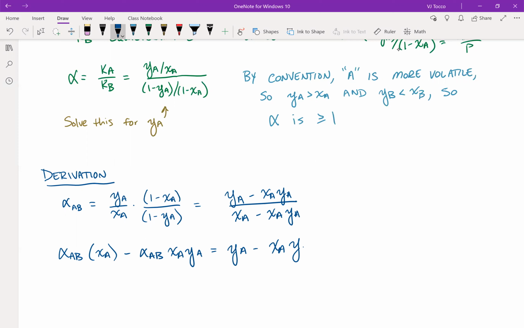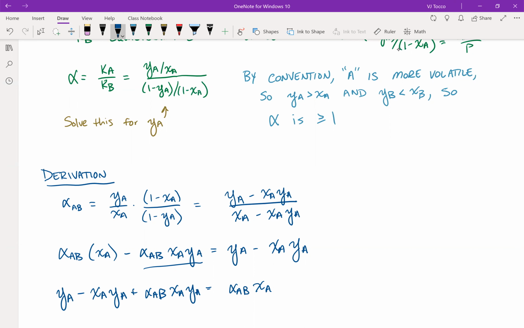And remember that the goal of this exercise is to solve for Ya. So I want to group everything with a Ya over onto one side. So I'm just going to add this term over here to both sides to bring it over. And because I want to solve for Ya, I'm just going to flip the equation as well. So I'm going to start with the right-hand side. So I've got Ya minus Xa Ya plus alpha AB Xa Ya is equal to alpha AB Xa.